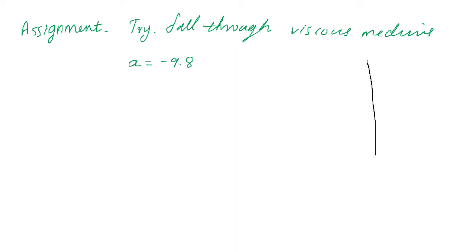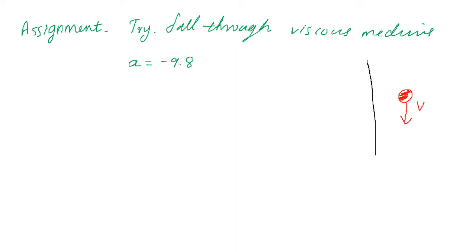This is the direction of fall. Now we will consider an object like this. So this is our object. It's moving downward through some viscous medium with some velocity v.